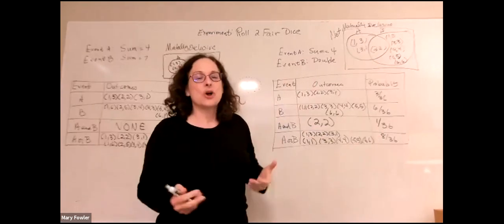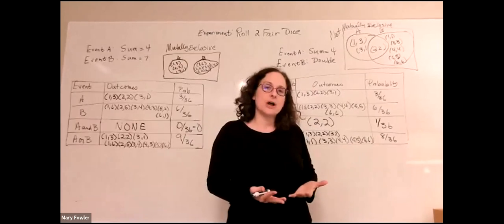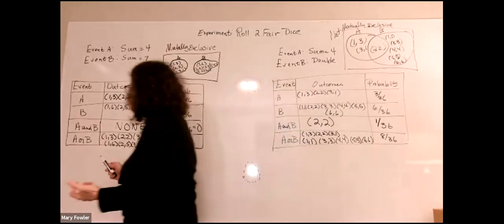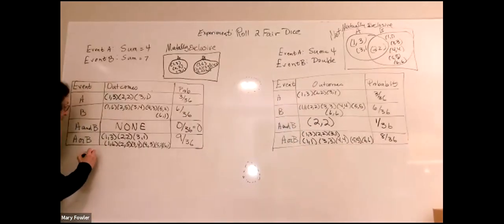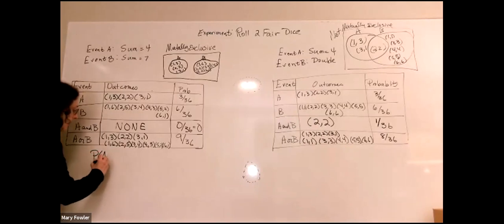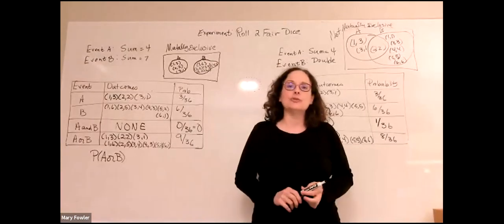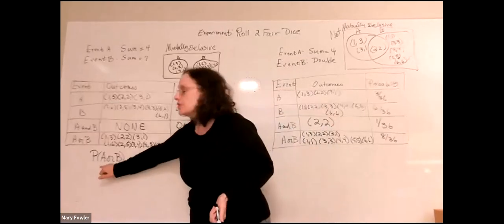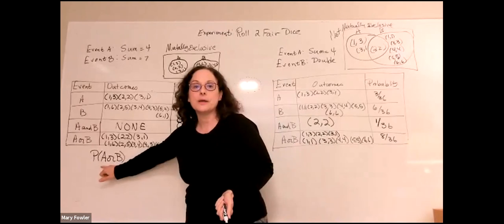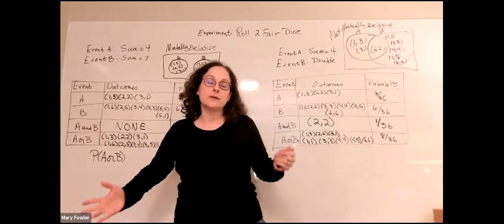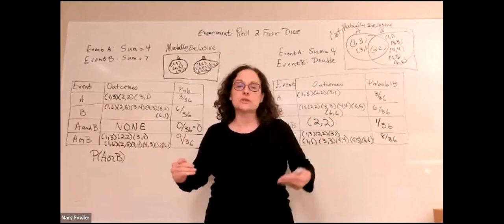Okay. So what we want to consider is the probability of A or B, and these are called addition rules. There are two different addition rules in this class.